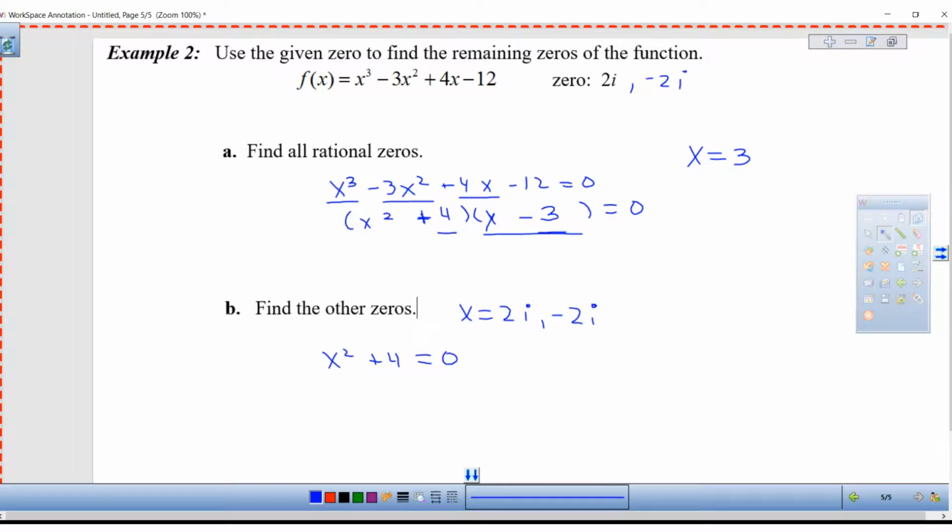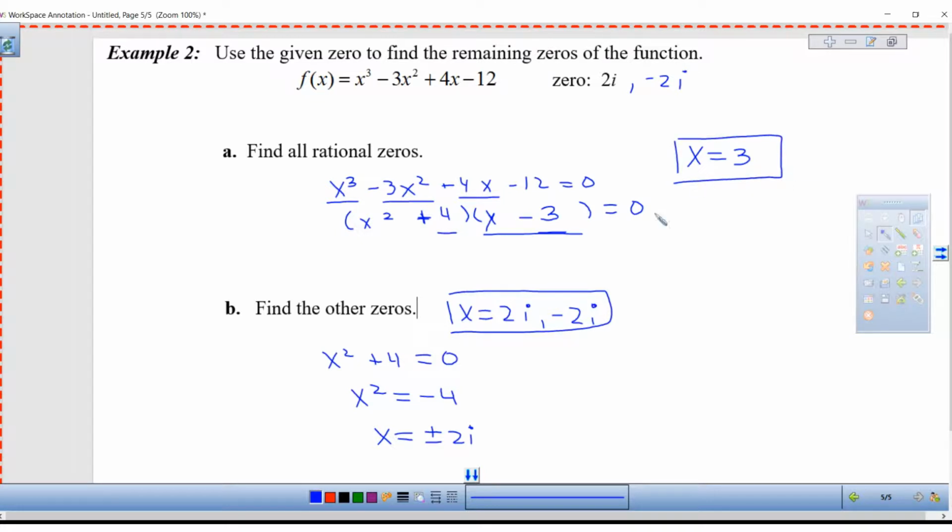I can tell they're not going to be rational by looking at it, because look what I'm going to do now. The 4 is going to come over and become a negative. Then I square root both sides, and I get plus or minus the square root of negative 4, which is 2i. Well, I already know those were the solutions. Yes, I do have to show that work still, but it just verifies that I got it right.